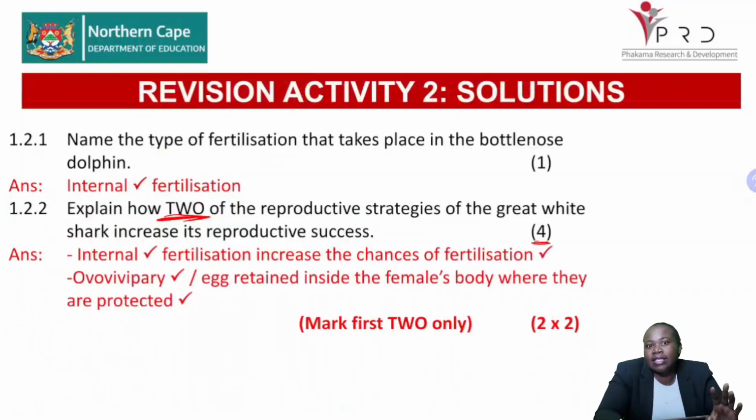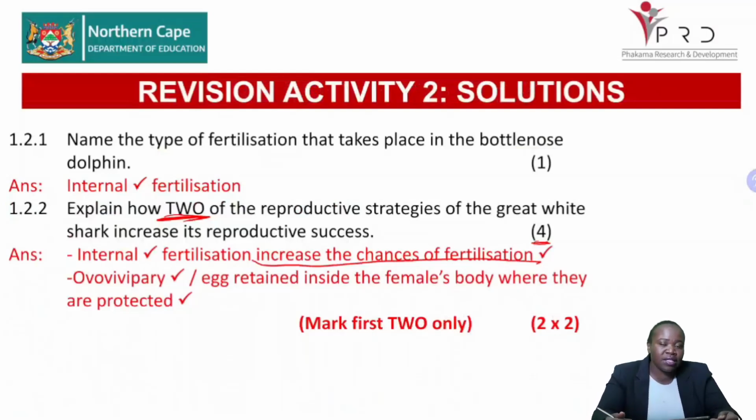If fertilization is internal, it means that the chances of fertilization are going to be increased. Now, when we're looking at the type of fertilization, you must associate fertilization with chances of fertilization. Chances of fertilization are going to increase. However, when you are looking at the method of reproduction, ovovivipary, you then look at the chances of survival. What are the chances of this embryo to survive?